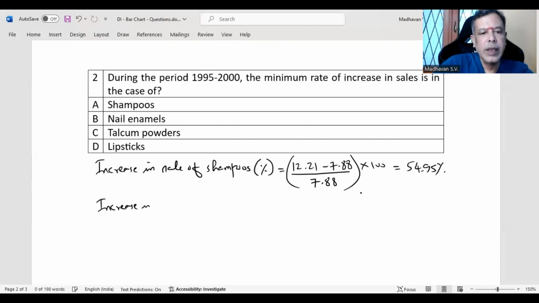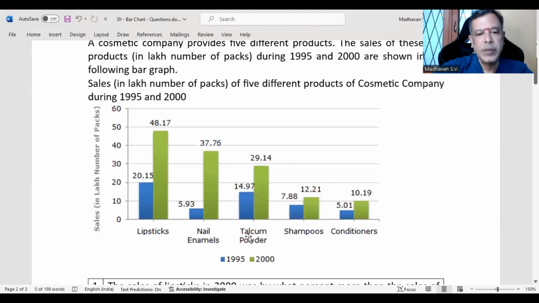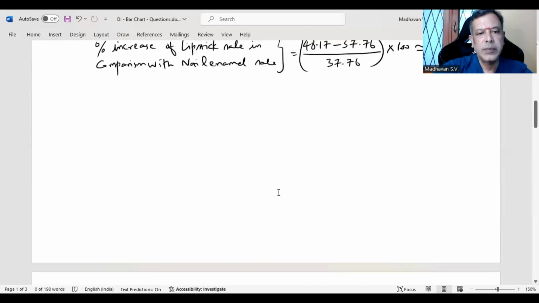Same way, next product is nail enamel in the option. Increase in sale of nail enamels in percentage will be, so let us see the graph again. Nail enamel, we may notice 1995 it was 5.93 and 2000 it was 37.76.